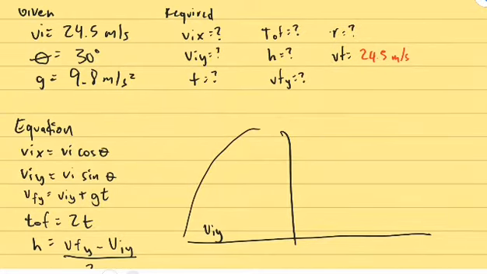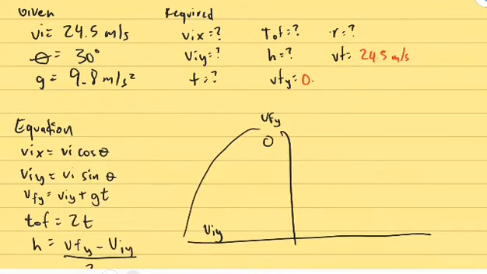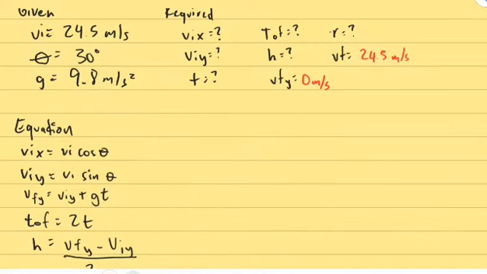Pero kapag nasa pinaka-top na or sa may pinaka-taas, nagiging 0 na siya. So, delete na natin ito. Magiging 0 na agad yan. Okay. So, wag na natin problemahin yun. For the range, ang formula natin, range is equal to Vix times time. And I think that's about it.